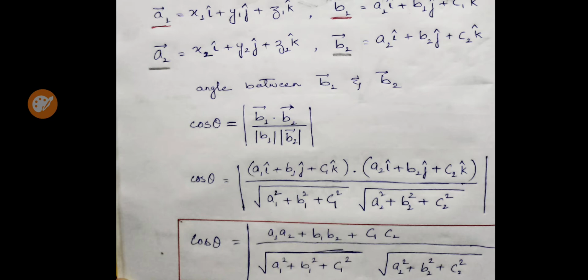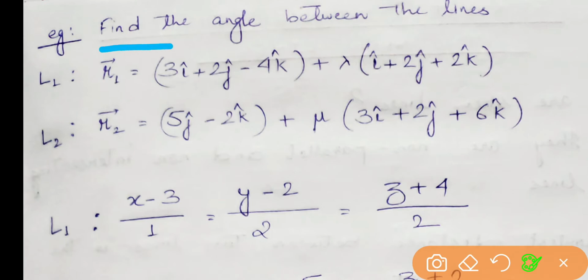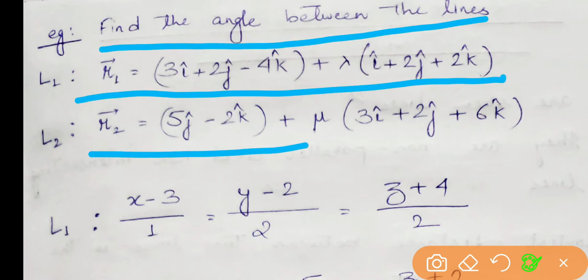Now let's see an example based on this. Let's find the angle between the lines. This is given to us and this is given to us. Using this I have written the Cartesian form.